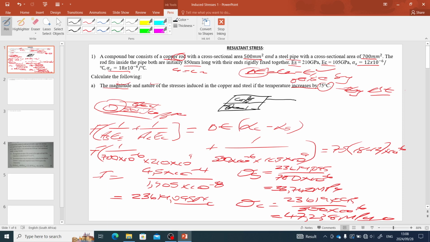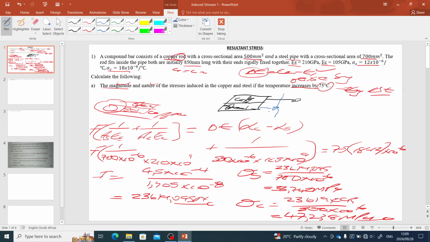Copper will expand quicker, then steel will expand slowly, and steel will become a benchmark for change in length. Steel will expand to this level. That level of a harder material will be the benchmark of change in length.